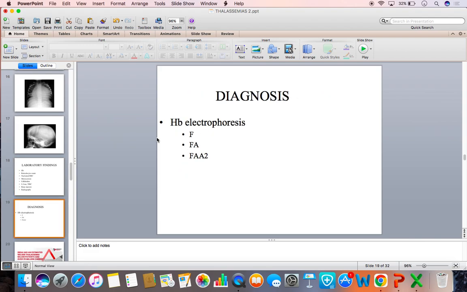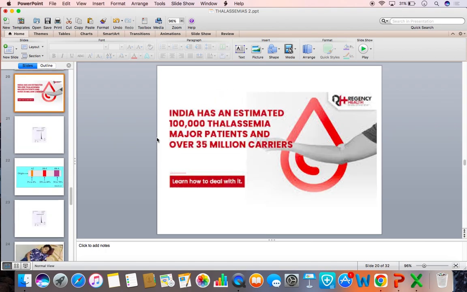You go for the hemoglobin electrophoresis, there is an elevated level of fetal hemoglobin. There could be an FA pattern or an FAA2 pattern. It is said India has an estimated 100,000 thalassemia major patients and over 35 million carriers.